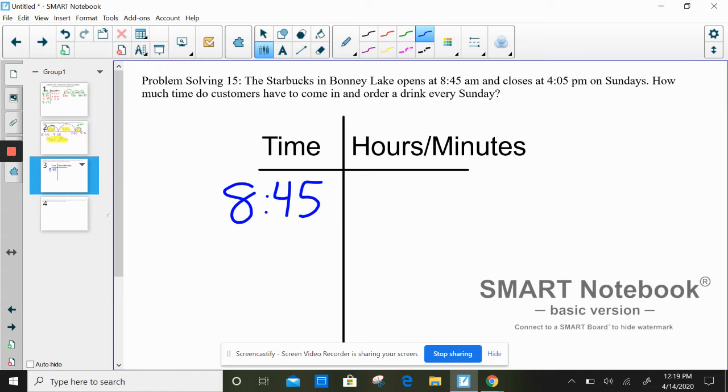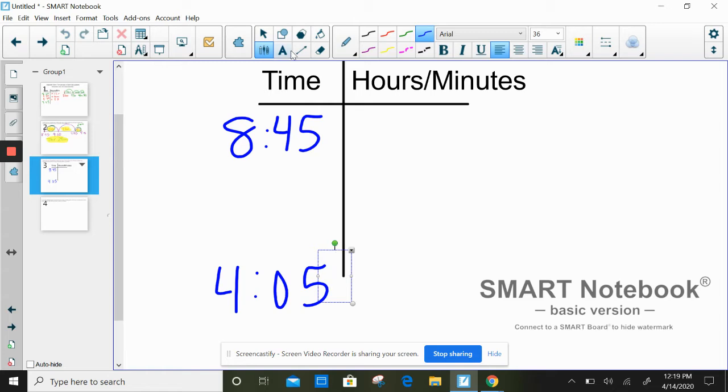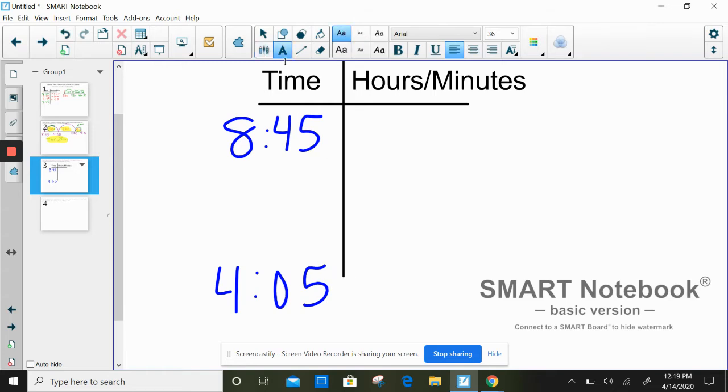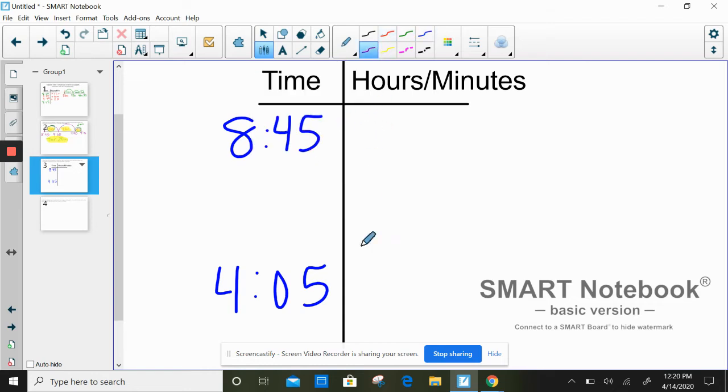So when I do a T-chart, I like to just skip down really far and put that number way down here, just to let myself know, okay, that's what I'm trying to get to here. Okay, so just like before, I'm going to be adding something to this side to get me to the 4:05.